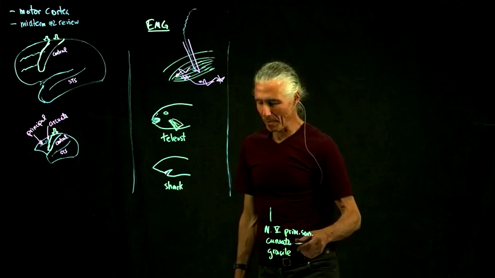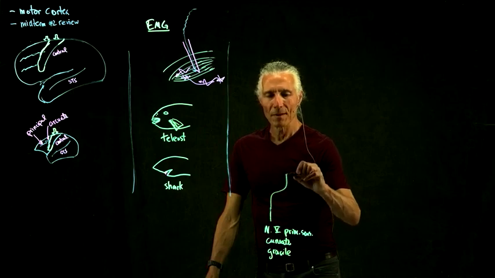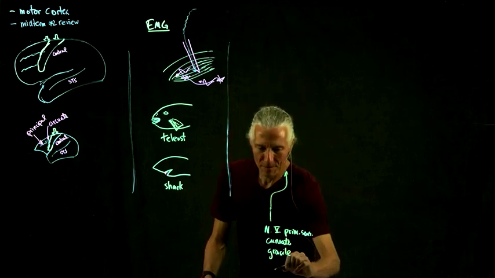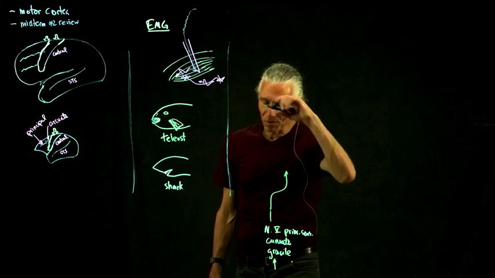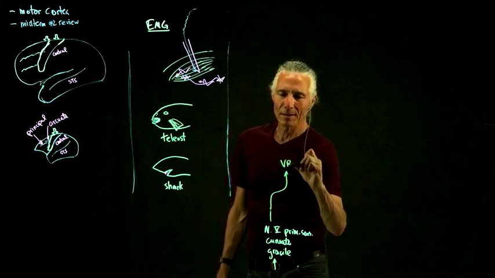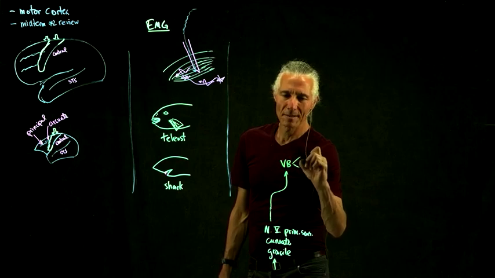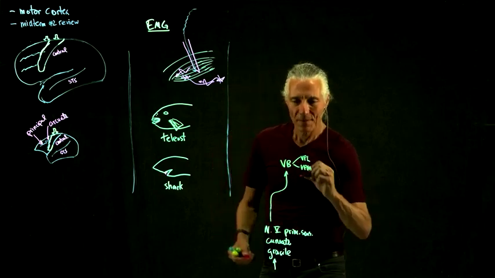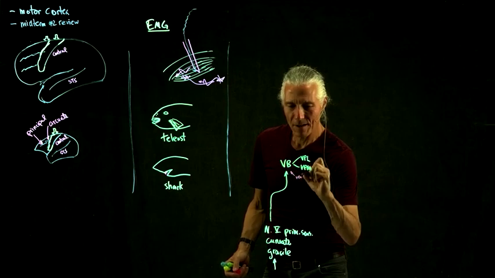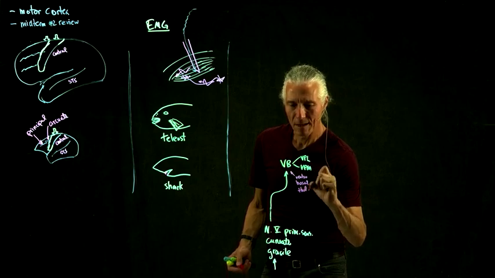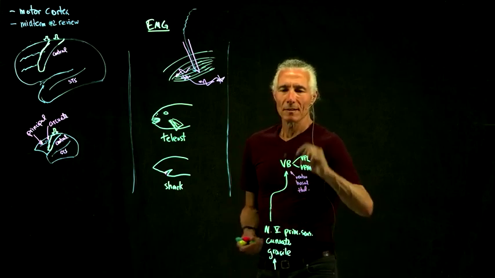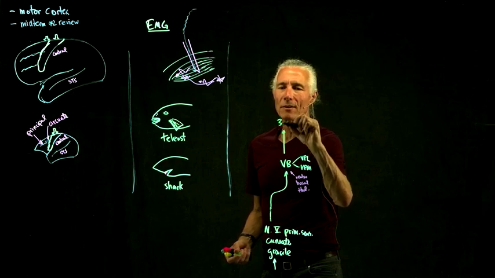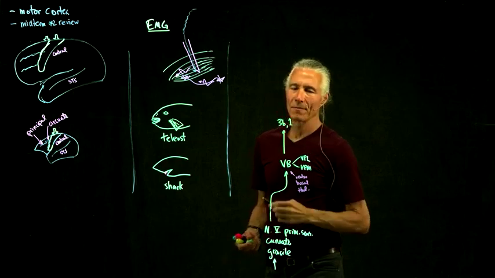Those nuclei get input from the spinal cord, and then they project up to a thalamic nucleus called ventrobasal. That's got ventral posterior lateral and ventral posterior medial. You don't have to remember that. And then ventrobasal thalamus goes up to somatosensory cortex, which is area 3b and area 1.